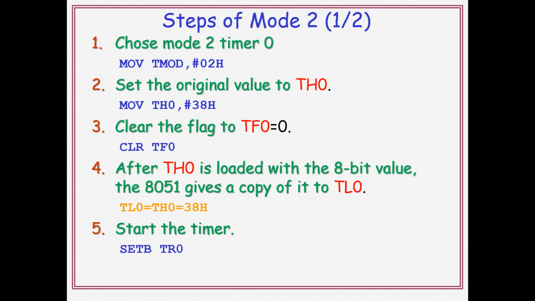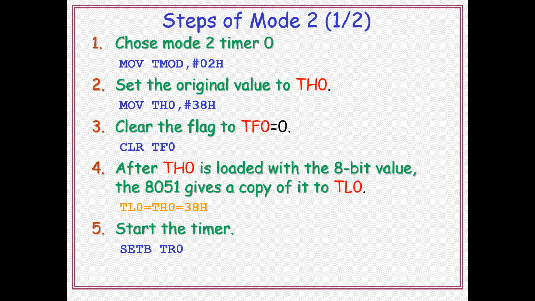For timer 0, again the gate bit is there, C/T bar is available, M1 is available, and M0 is available. For internal selection, the gate bit equals 0, and C/T bar is 0 because it is a timer. The mode bits are M1 and M0.